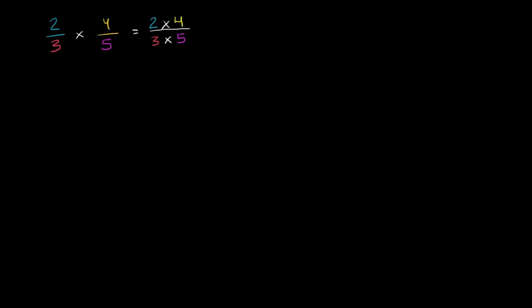And so the numerator is going to be 8, and the denominator is going to be 15. And this is about as simple as we can make it. 8 and 15 don't have any factors common to each other other than 1. So this is what it is.